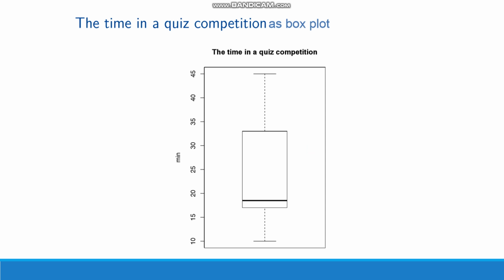Here is the box plot built for our example that has to do with the time spent by students in the quiz competition. For the minimum and the maximum shown by virtue of asymmetrical whiskers, we take the lowest and the highest values since there are no outliers within this example dataset. And the quartiles that we counted are depicted by virtue of the box, with the thick line in the middle showing the median.